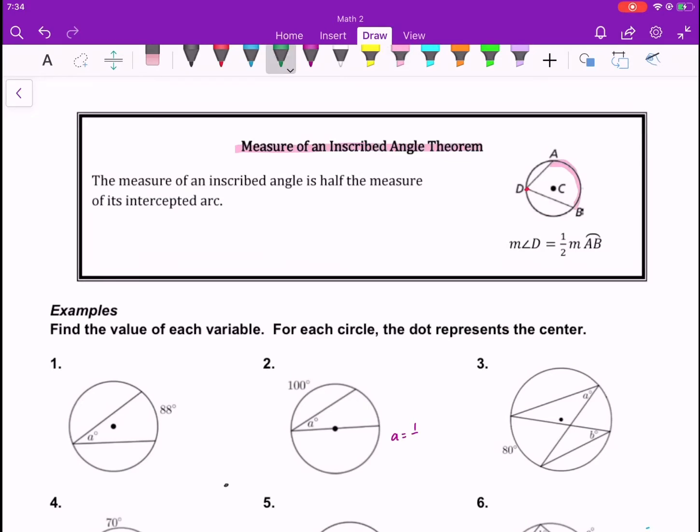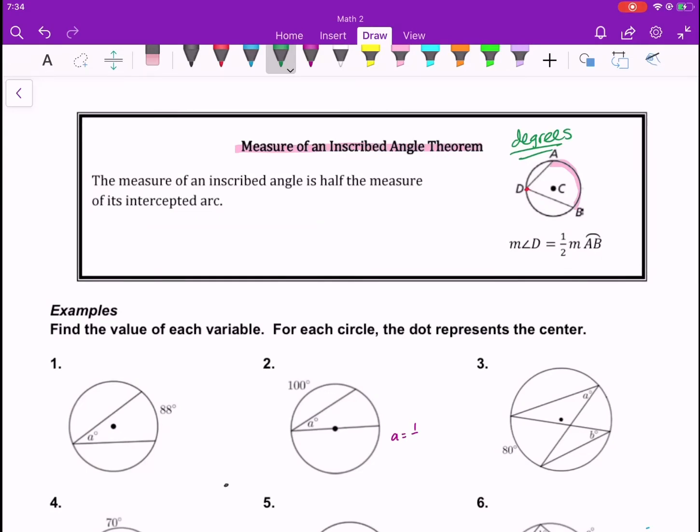So we're talking about the degrees right here. Remember, measures of arcs are always the degrees. We'll talk about arc lengths later. So the measure of this arc is always twice as big as this angle, or this angle is always half of the measure of the arc.